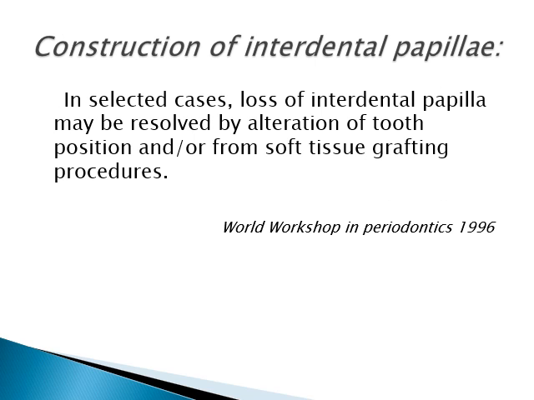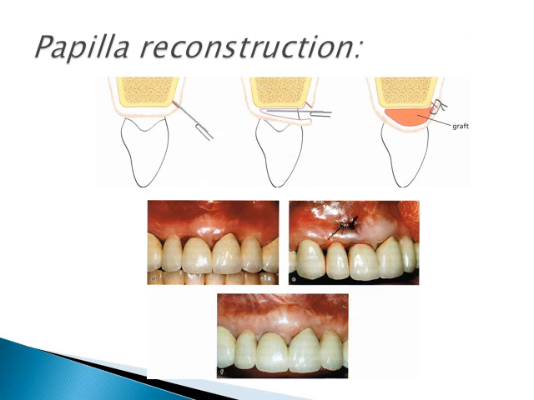Reconstruction of the interdental papilla. In some patients, loss of the interdental papilla may cause an aesthetic problem and make a black triangle between the teeth. This can be corrected by two types of treatment: by alteration of the tooth position by orthodontics, or by a soft tissue grafting procedure.